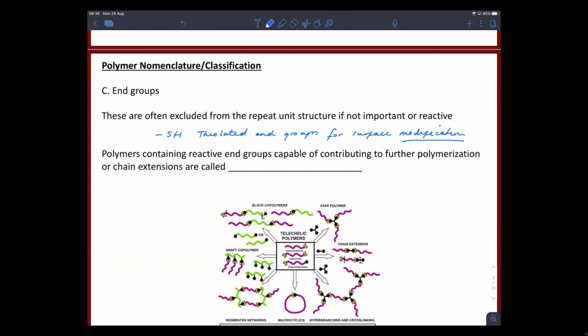So polymers containing reactive end groups capable of contributing to further polymerization or chain extensions are called telechelic claws. I can never pronounce this, so I'm going to spell it out.